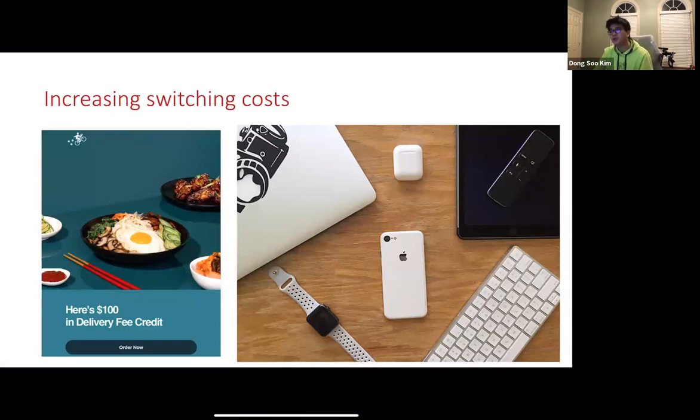Apple Watch, the most popular wearable device in the world, is compatible only with Apple's iPhone. AirPods, Apple's wireless earsets, fully function only with other Apple products. And this limited compatibility makes customers locked in Apple's ecosystem.